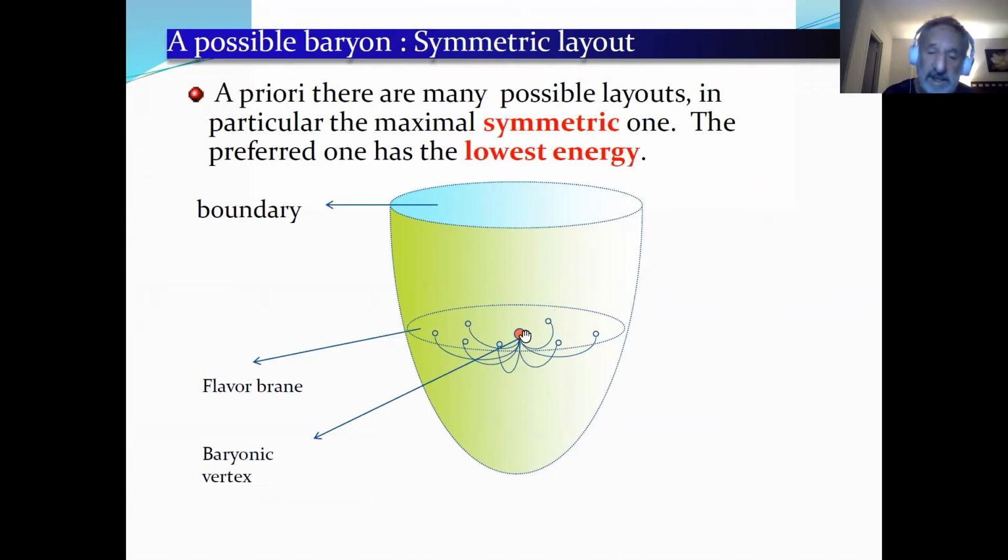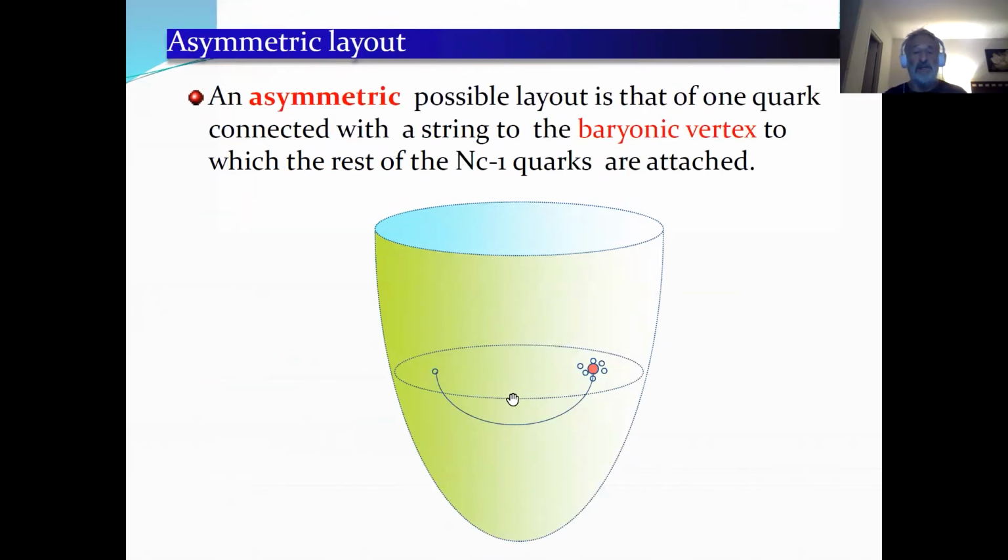The baryonic vertex can itself be on the flavor brane, and there are N_C endpoints that are spread symmetrically, or it can be, for instance, totally asymmetric, where there is one quark on one end of the string and N_C minus one next to the baryonic vertex. And as I said, it's the dynamics, the lowest energy configuration, that will be chosen. Are there any questions about it?